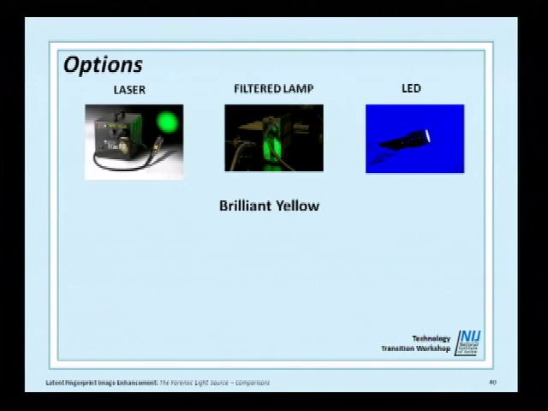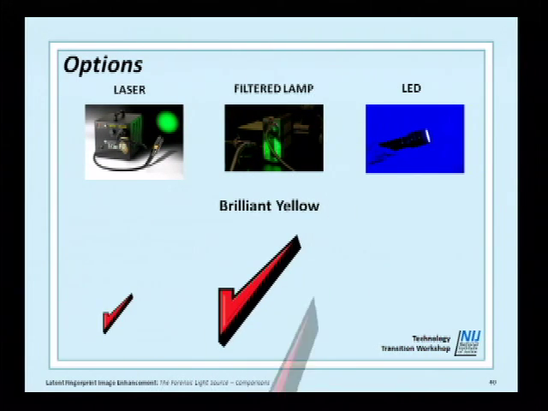Brilliant yellow, coming back to what Ken was saying earlier. You're going to get much better results with the filtered lamp or the LED, because you have the option of hitting the brilliant yellow where it lives. It loves blue light.